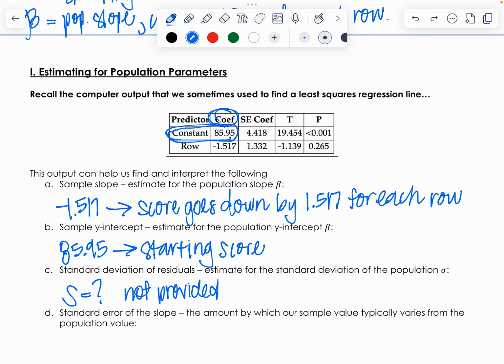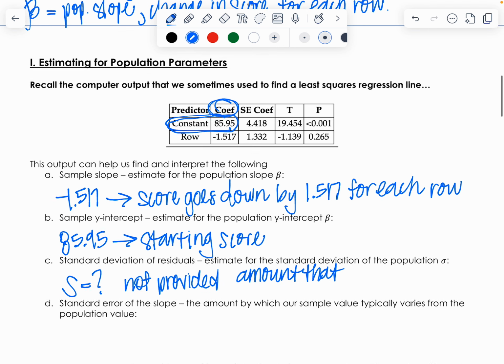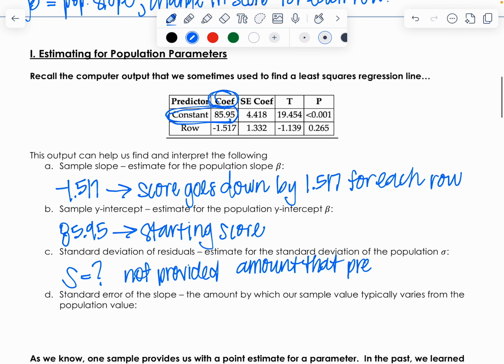It is the amount that predictions are off by. And so remember, if that standard deviation is really big, then our regression is not very good because it's got a really high error rate. But if it's small, then our prediction is pretty consistent and it's got a pretty low error rate.